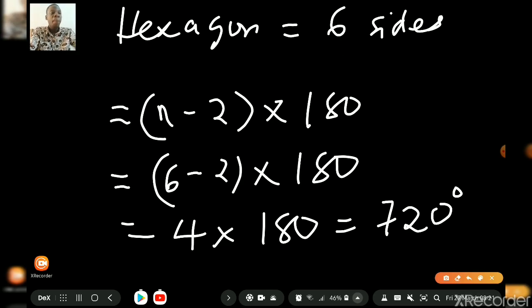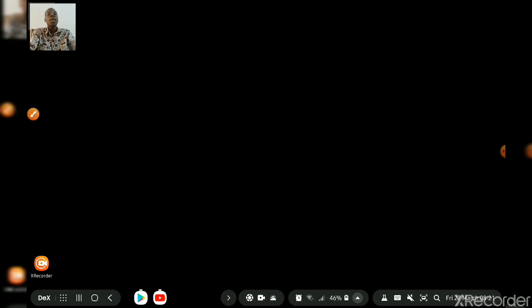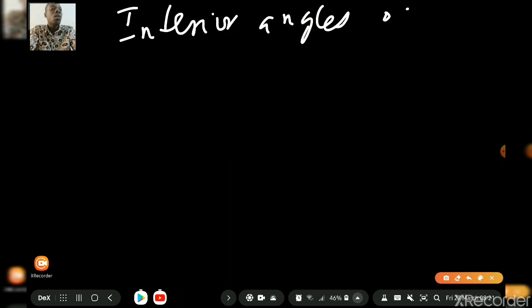Is that clear? Yes. So now we're going to look at how to find each interior angle of a regular polygon.